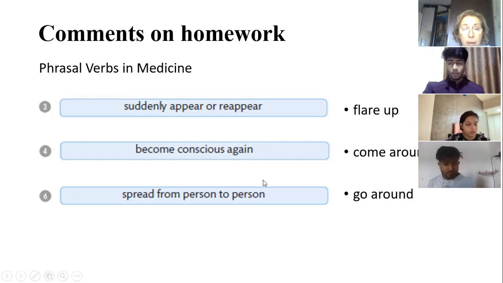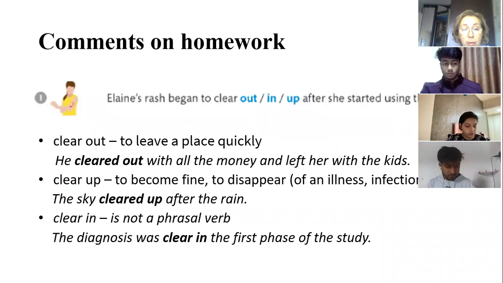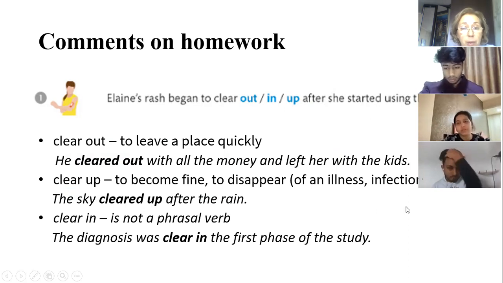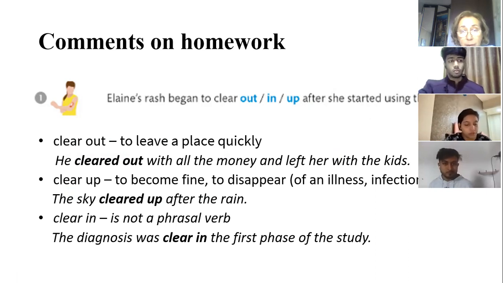the country. And there were also mistakes in the use of the phrasal verb in this phrase, which is given here: Elaine's rash began to clear out enough after she started using the cream.